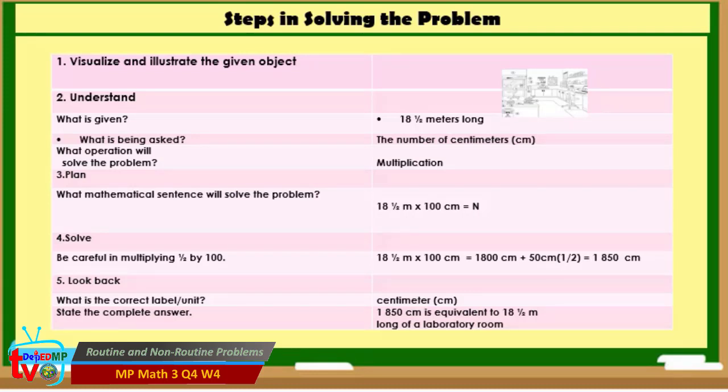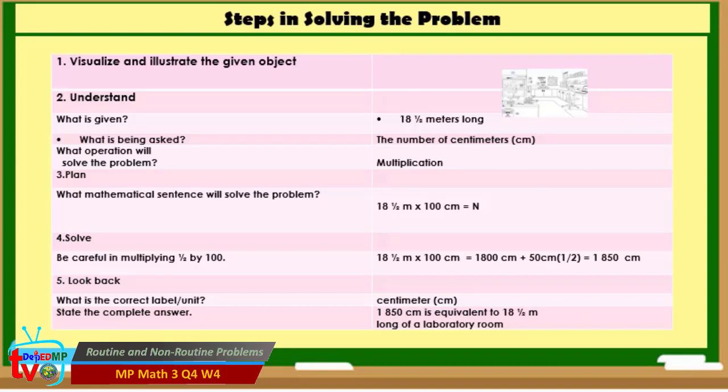Number 2, understand. What is given? 18.5 meters long. What is being asked? The number of centimeters. What operation will solve the problem? Multiplication.